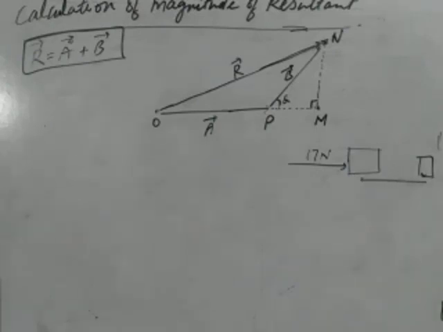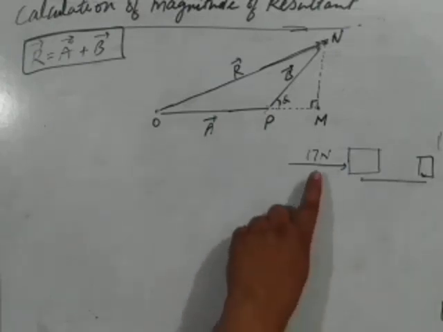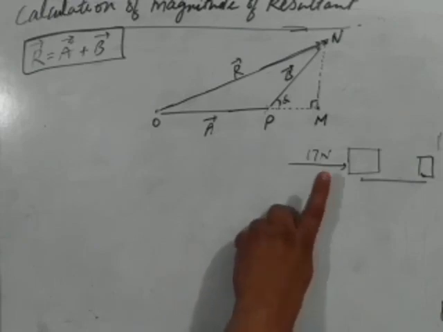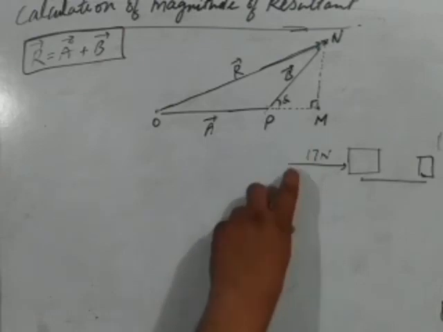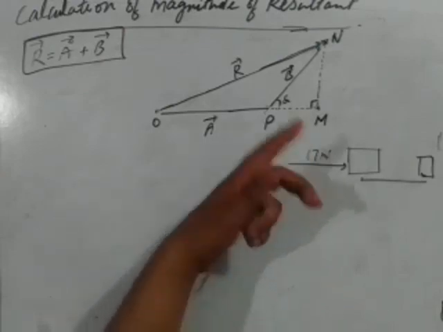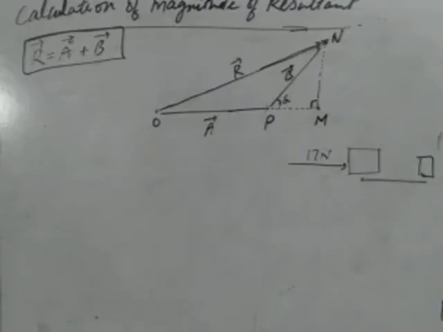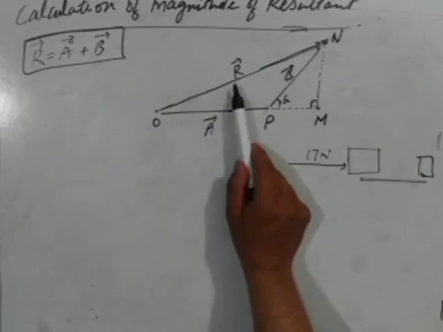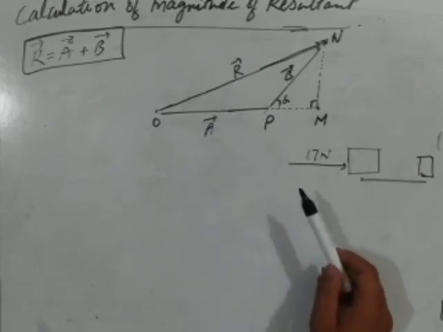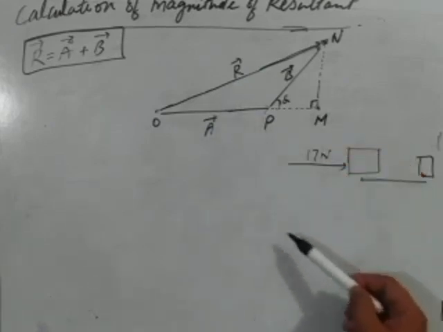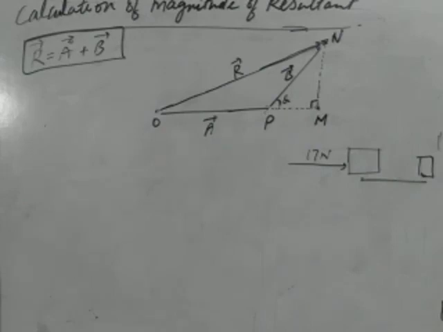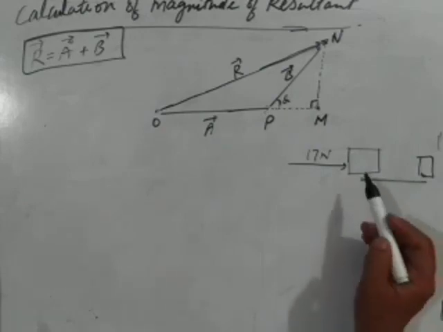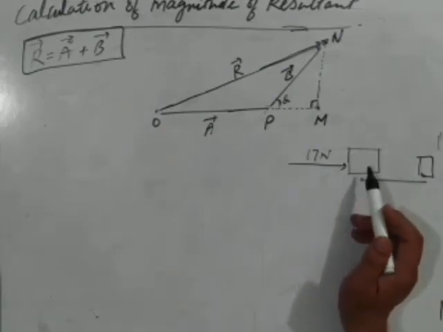That means this single quantity has shown the effect of the two single forces which were applied earlier. So resultant is basically a single quantity that gives the effect of a number of quantities which are acting on an object or on a point.